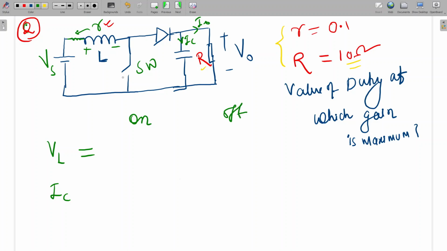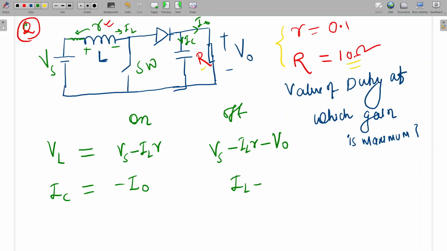When the switch is on, we can write V_L as V_S minus I_L into r, and when the switch is off, V_L is equal to V_S minus I_L into r minus V_O. For I_C, when the switch is on, the diode is off, so I_C will be minus I_O, and when the switch is off, this is the inductor current I_L, so I_C will be I_L minus I_O. Are these two equations clear to all?